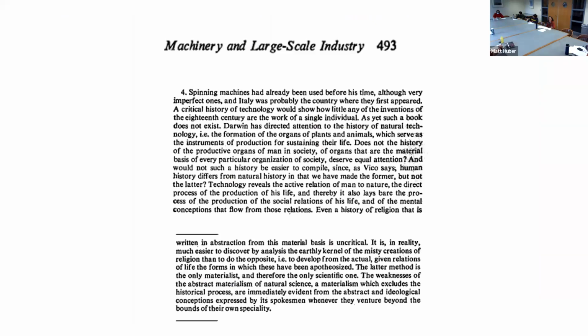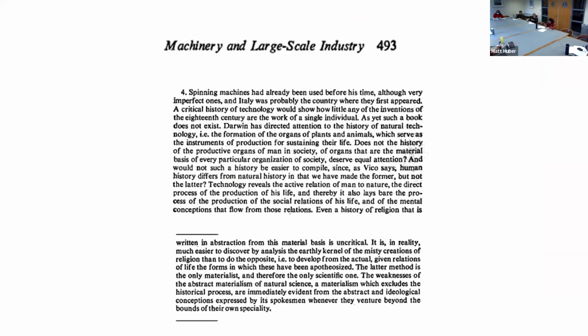Okay, so given that footnote, again, I probably shouldn't say too much in case you want to write on this, but he compares Darwin's history of nature, evolution, to a critical history of technology.